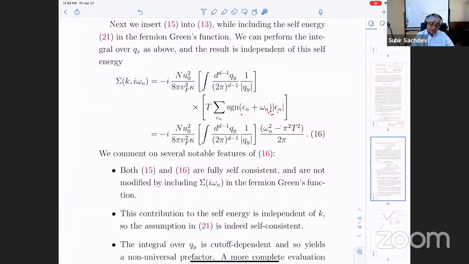And if you now analytically continue, the omega squared will become minus omega squared when you go to real frequencies, while this will of course remain the same. So in the end, you get omega squared plus pi squared T squared as the imaginary part of the self-energy, times some number, which is about u naught squared. And at least in two dimensions, we have an accurate estimate even of the prefactor.